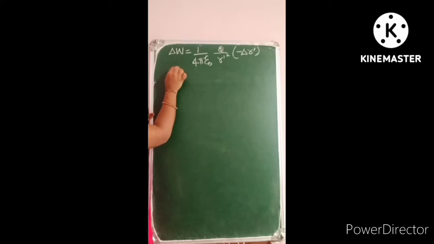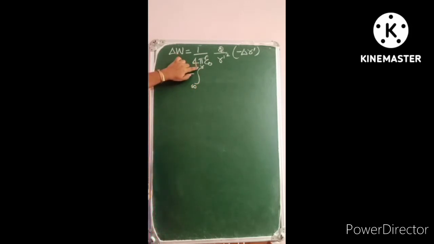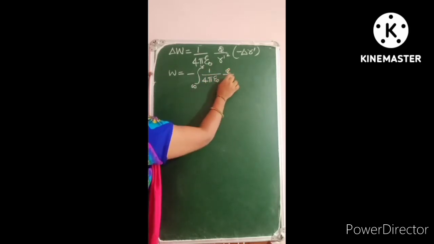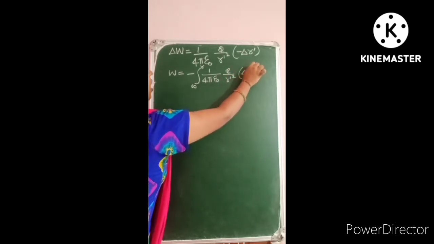What will you get? W is equal to, take this minus sign outside, minus integration from infinity to R. Upper limit is taken as R, lower limit is taken as infinity. That is 1 by 4 pi epsilon naught into Q divided by R dash square into delta R dash.